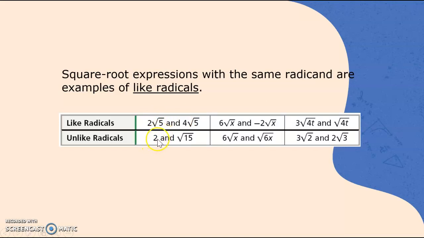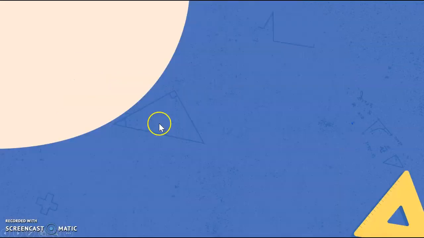Here, one doesn't have a radical, the other one contains a radical, and in some, one character is outside. So I suppose it's obvious which ones are like radicals and which ones are unlike radicals, right? So again, like radicals must contain the same index and radicand.